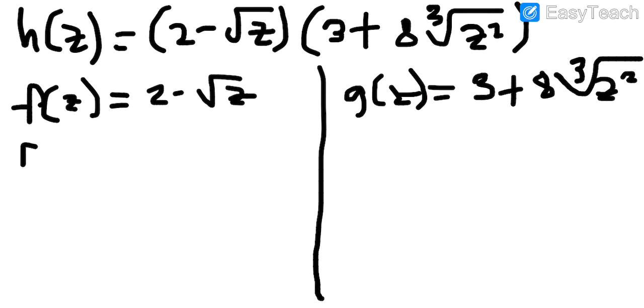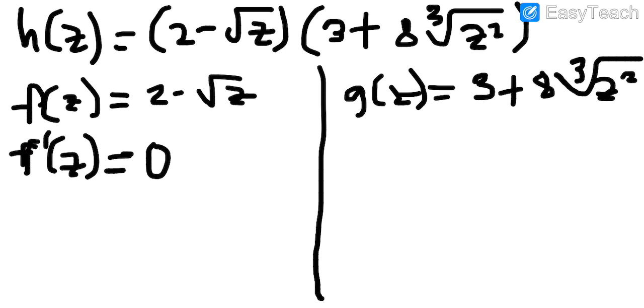So here, our f prime of z is equal to the derivative of 2, that's 0, minus the derivative of square root of z, we have negative 1 over 2 square root of z.